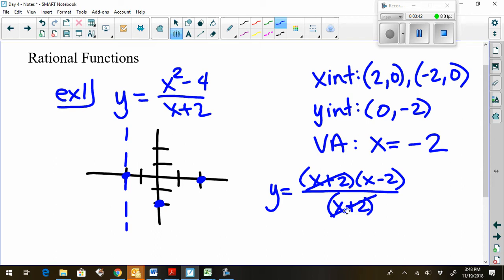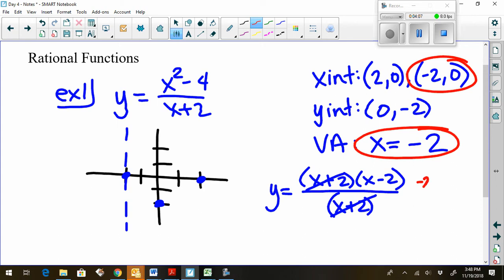Also, I can think about if I plug in negative 2 into this space right here. You don't have to write this, but I just want to explain another part of this to you. So they cancel out. But notice if we plugged in negative 2 there, which is where we got that contradiction, I get (negative 2 plus 2) times (negative 2 minus 2) over (negative 2 plus 2).